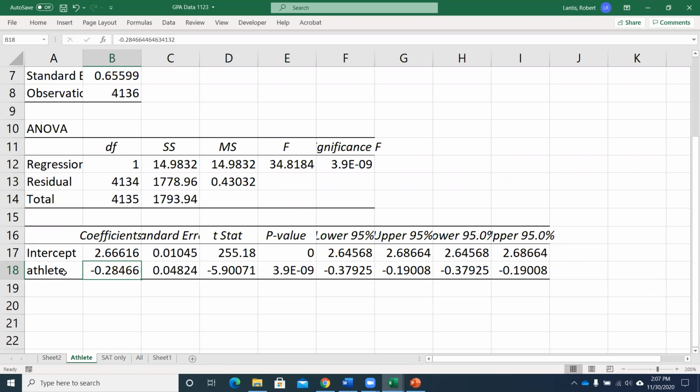So relative to a non-athlete, for a student athlete we would expect a predicted GPA of about 0.28 lower. We also said when we see these e to the negatives, that means move the decimal point 9 places to the left. So this p-value is pretty much 0, and we're going to be able to reject the null.